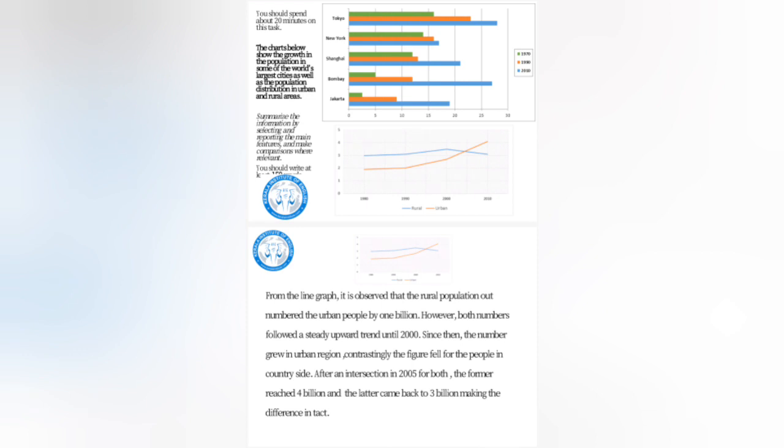It was a steady upward trend until 2000. Since then, the number grew in urban regions. Contrastingly, the figure fell for the people in the countryside. After an intersection in 2005 for both, the former reached 4 billion and the latter came back to 3 billion, making the difference of 1 billion intact.